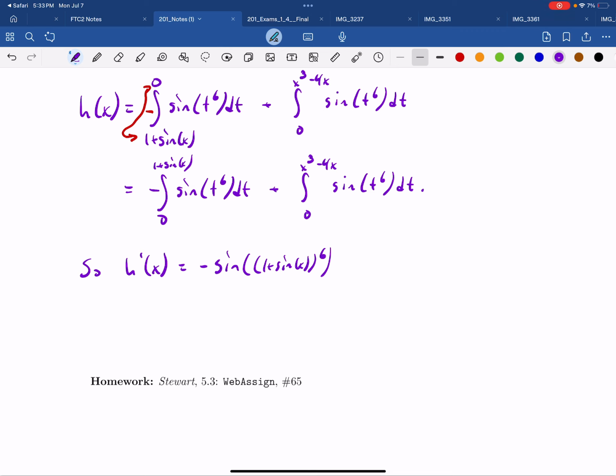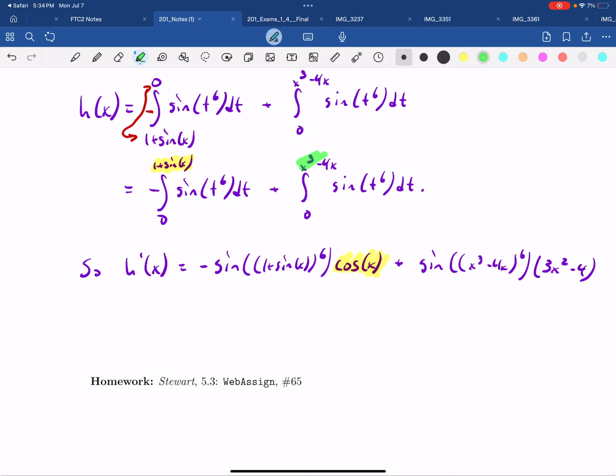And then we need to use the chain rule and take the derivative of the upper bound. Okay? And then same thing here, right? We're going to have sine of x cubed minus 4x to the 6th times the derivative of x cubed minus 4x. Again, we're using the chain rule right here. And that's what we've got.